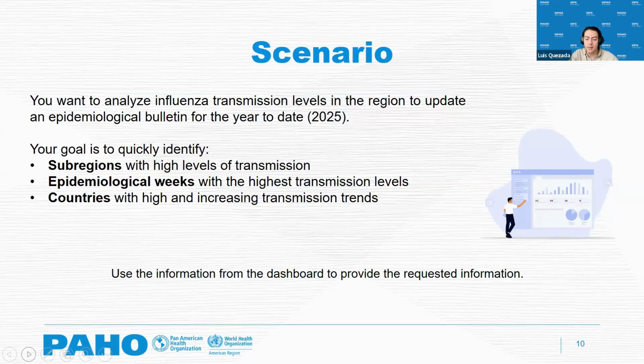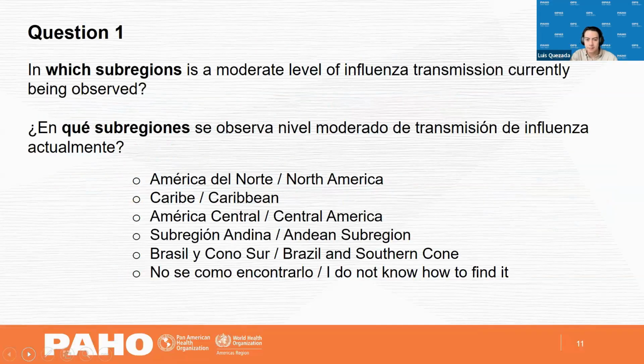We're going to find countries that have ascending trends, and we are going to use the dashboard information in order to group these objectives. So after analyzing the transmission rates, we are going to go through the first question.